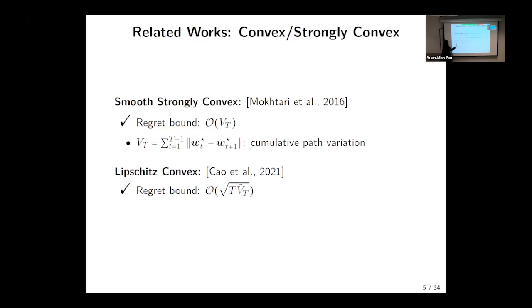For the convex case, their work established a regret bound in terms of the time horizon multiplied by some v tilde, some cumulative path variation. The reason I wrote tilde here is that they assume they have some prior knowledge of the cumulative path variation, so they can use this knowledge to set the step size, and that's why they have this type of regret bound.